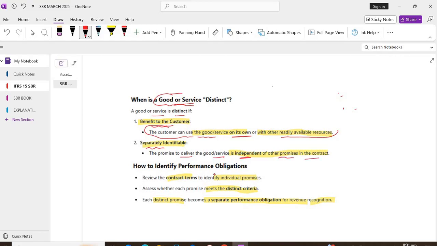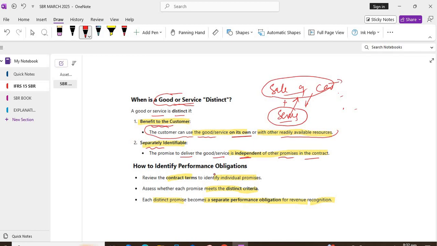As you see here, the sale of the car plus providing servicing: the servicing is independent from the sale of the car, and the sale of the car is independent from the servicing. Both of them provide benefit to the customer.